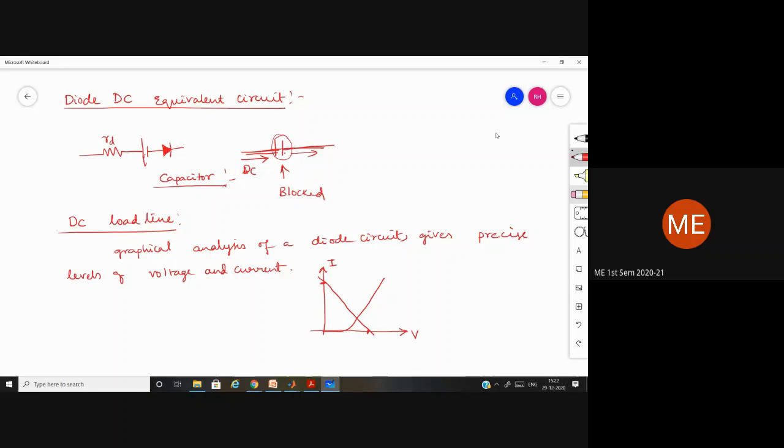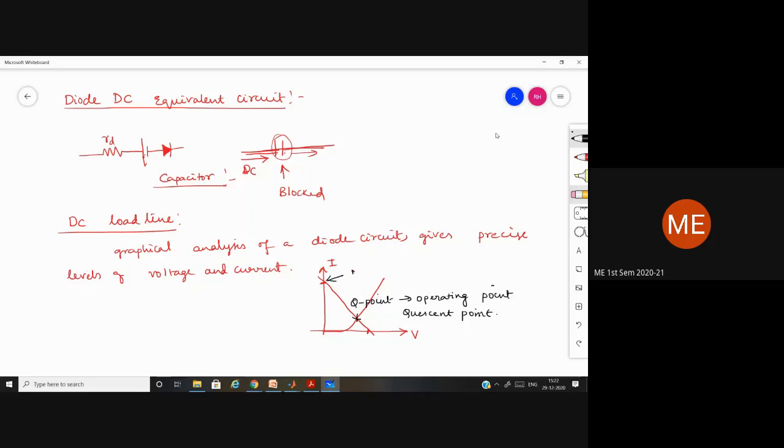The point where both the VI characteristics and the DC load line meet is known as the Q point. It is also known as the operating point, or the quiescent point.